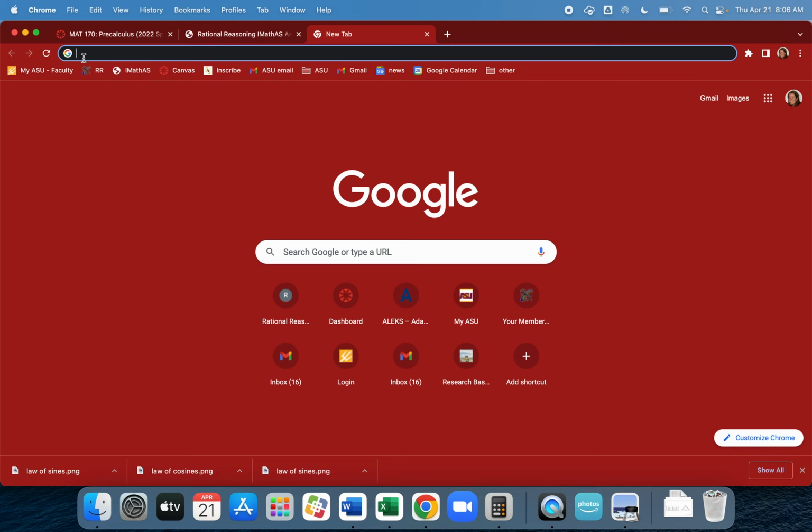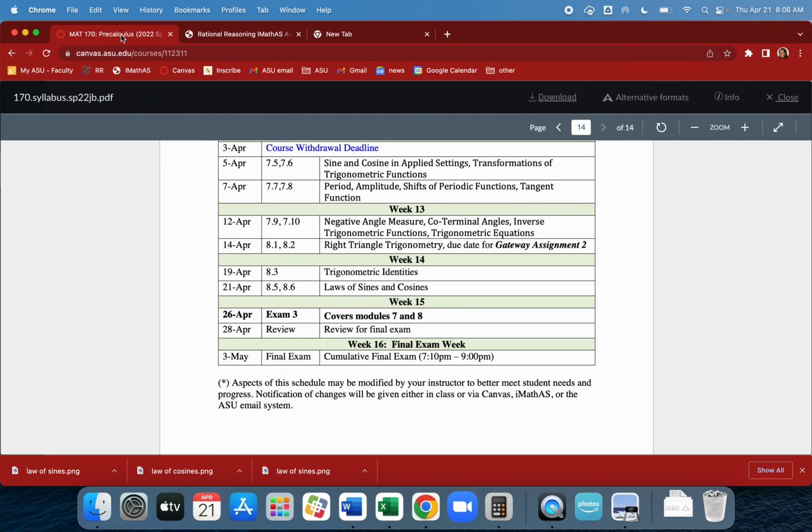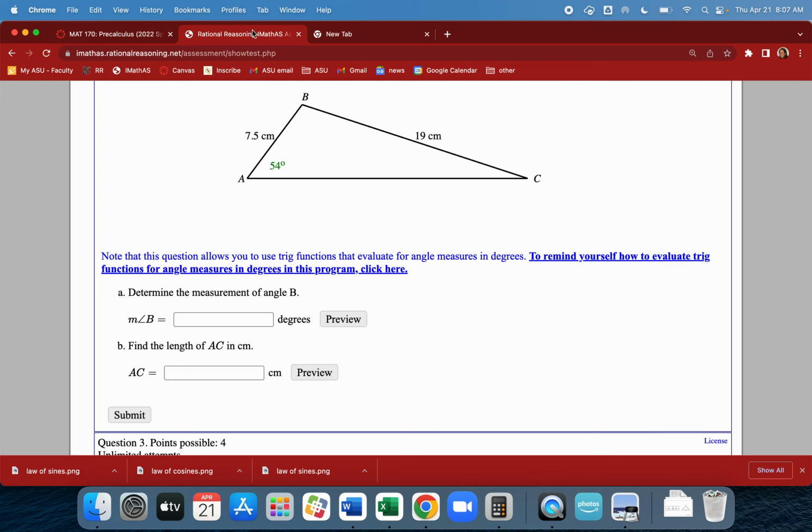No, that's not liking me because it wants the 54 to be in radians. So I'd have to find a different online calculator to do this. But let me just say, as an example, it's a smallish angle. So let me just say that it came out to be like 19 degrees, just to have it be something. I don't know what it is. So let's say it came out to be 19 degrees.